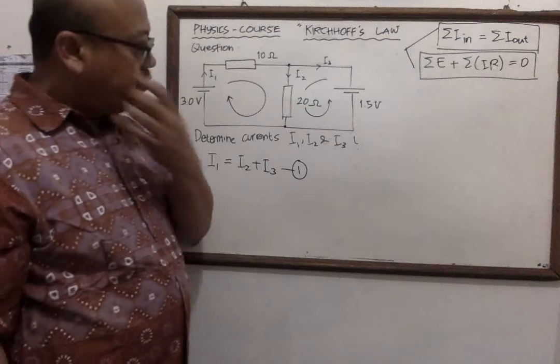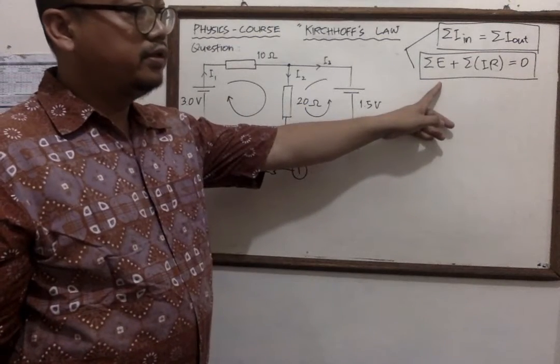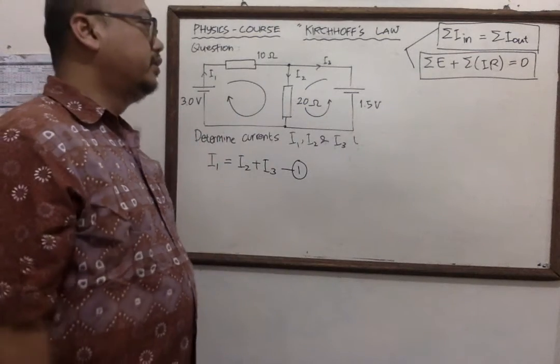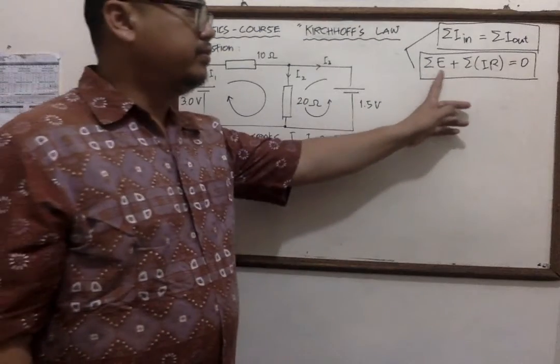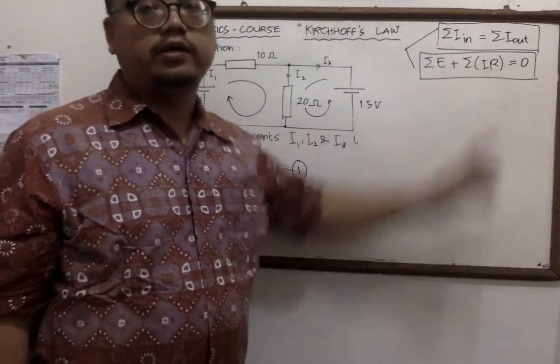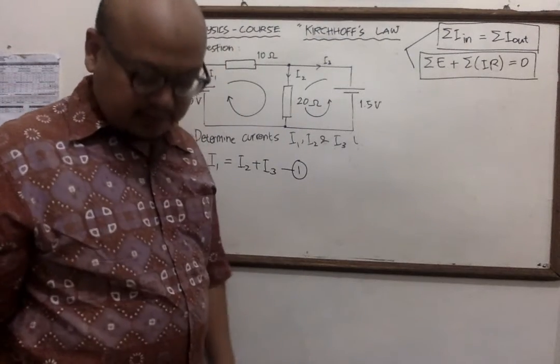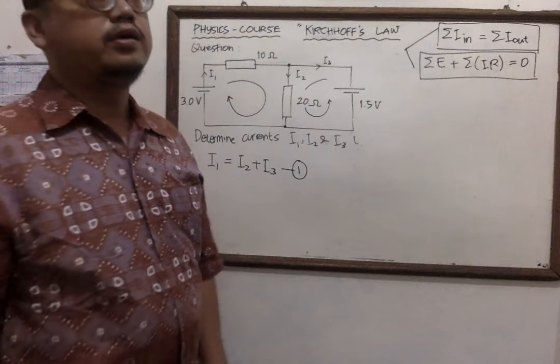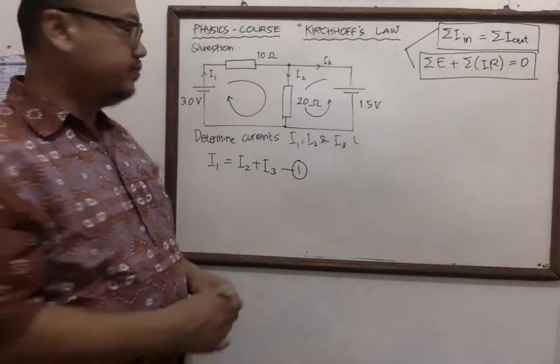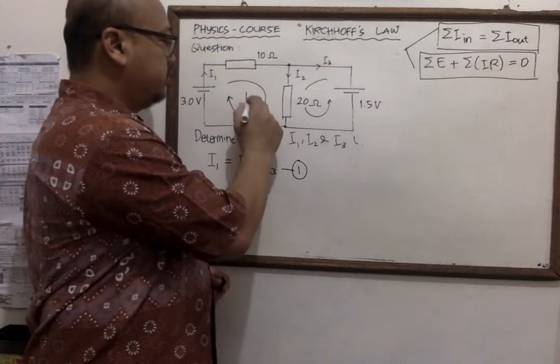So now we will use the second law, the total EMF plus total IR equals 0, in each loop. Let's say this is loop 1.